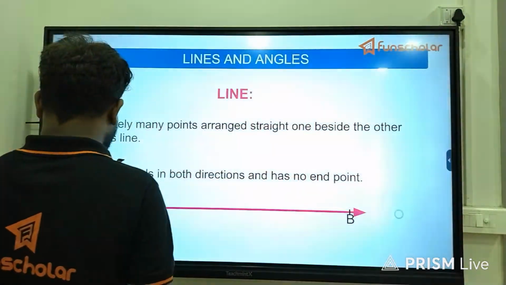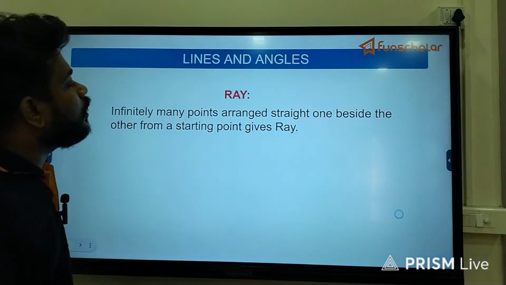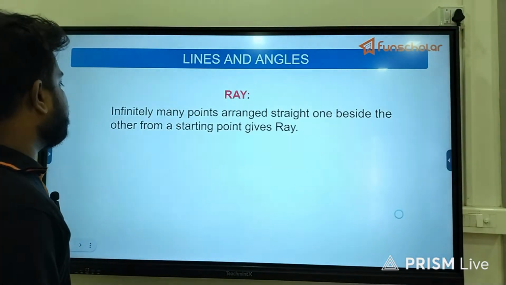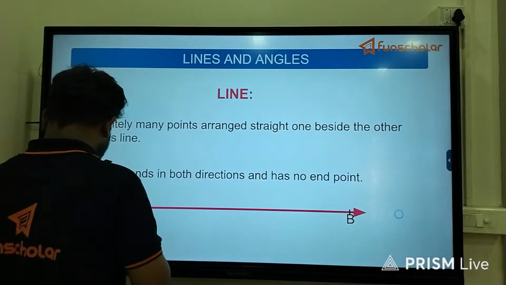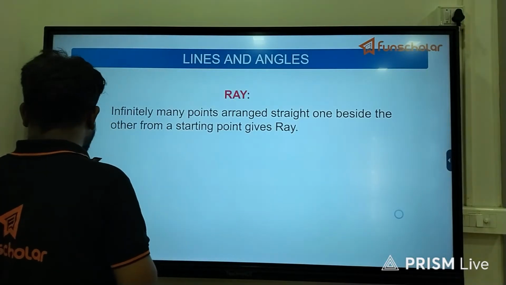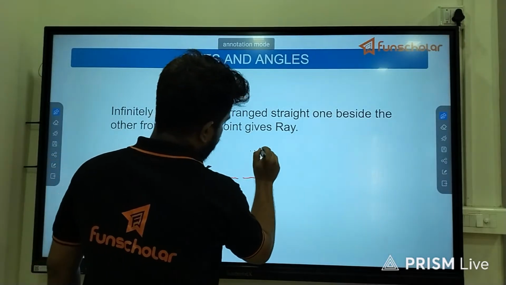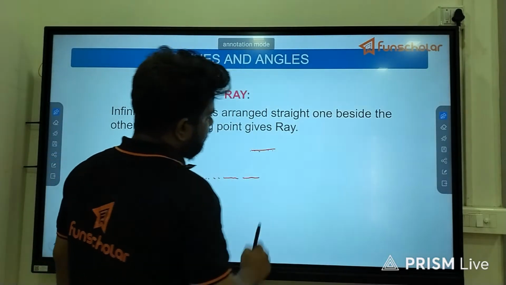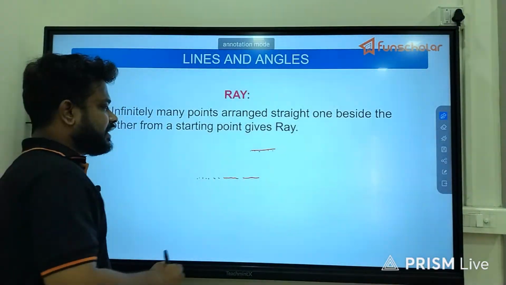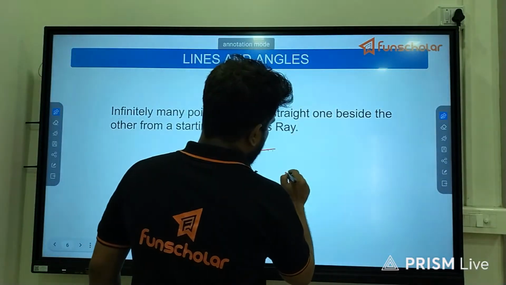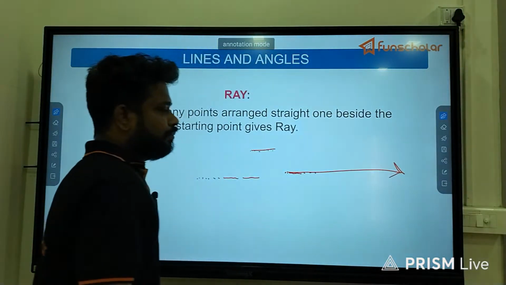Now comes the ray. Infinitely many points arranged straight one beside the other from a starting point give a ray, just like this. Like I have already told you about lines, if I draw so many points and join them in an arranged manner, it will give me a line. In the same way, if I draw so many points and join them in an arranged manner from a starting point, it will give me a ray.